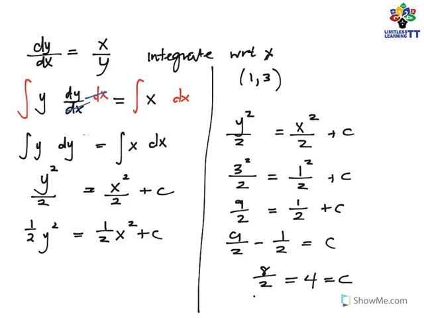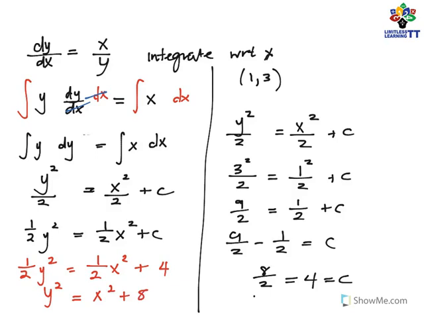So basically, your full equation will be 1/2 y squared is equal to 1/2 x squared plus c, which is 4. And then now, if you want to just multiply, get rid of the 2, you can say y squared is equal to x squared plus 8.